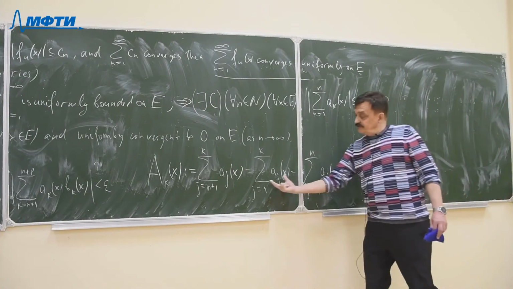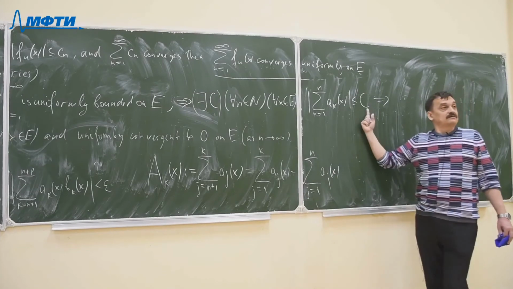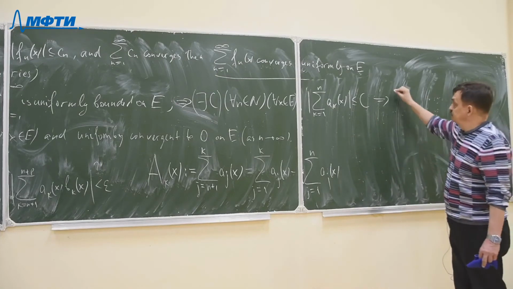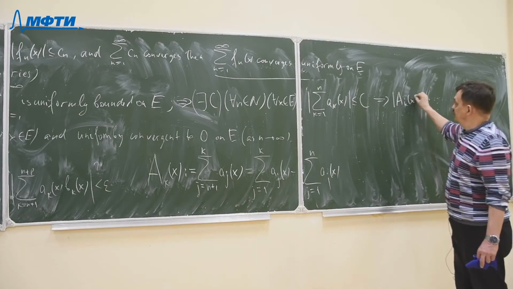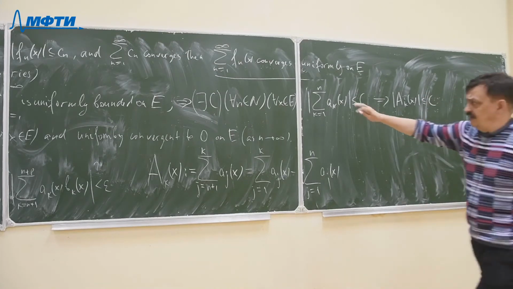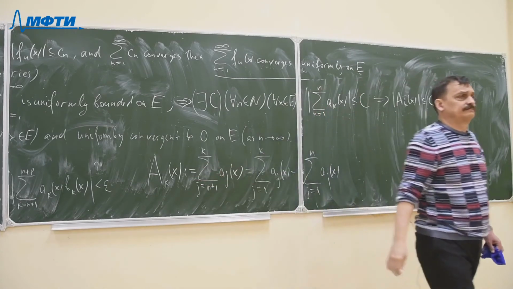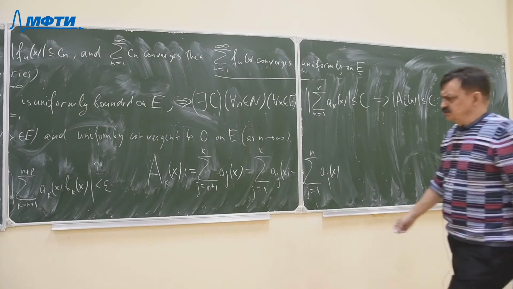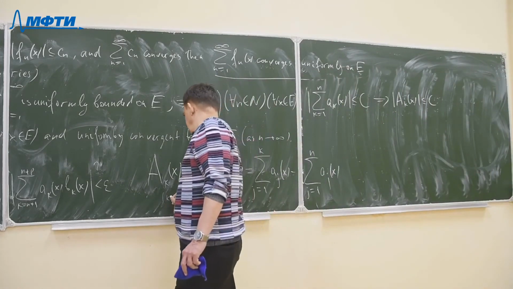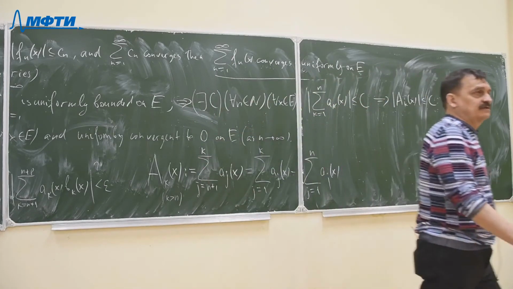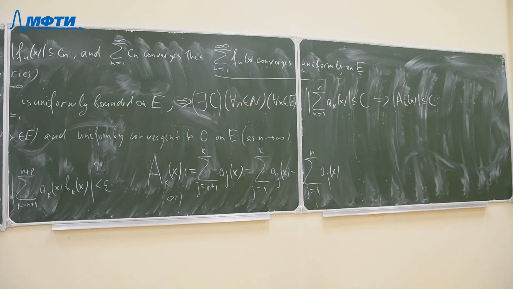And each of those partial sums is bounded by capital C in modulus, right? Hence, by the triangle inequality, we deduce that modulus A_k of x is less or equal than C. Once again, for arbitrary x and for arbitrary k, right? Of course, k here should be greater than n, otherwise it makes no sense to consider that expression.